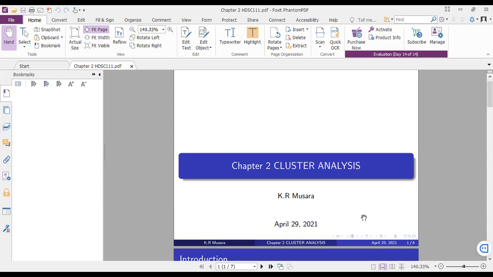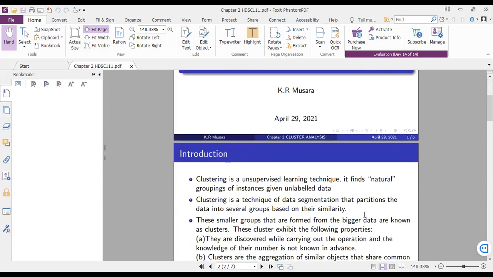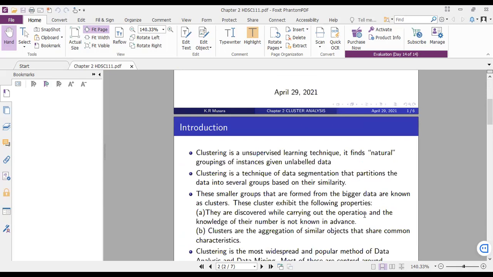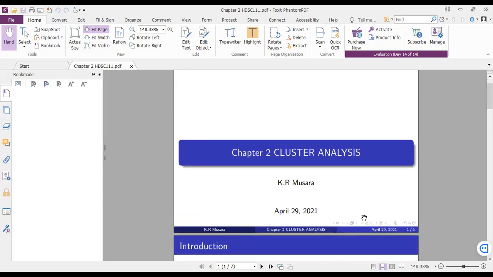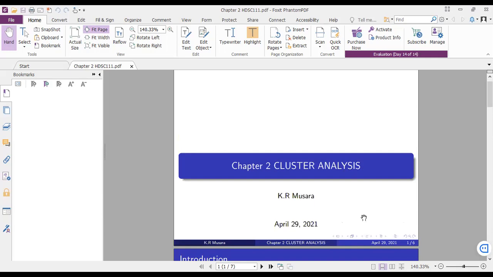All right. So by the end of this chapter, I'm sure by next week, this time, I'll be giving you an assignment on cluster analysis. So I'll give you the expectation of the assignments. I want the assignment to be more of a report style rather than a theoretical aspect.